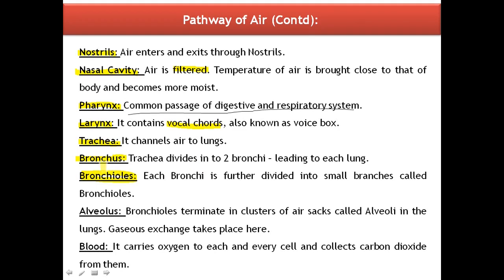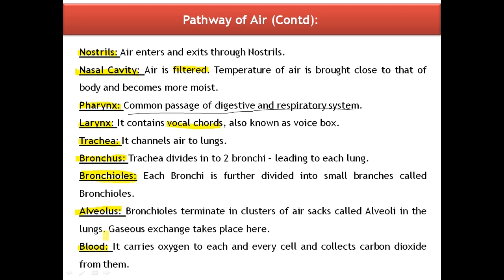Gaseous exchange takes place here by the process of diffusion. Blood capillaries take up oxygen from alveoli, and alveoli take up carbon dioxide from blood capillaries. Blood capillaries carry oxygen to each and every cell of the body and collect carbon dioxide from them.